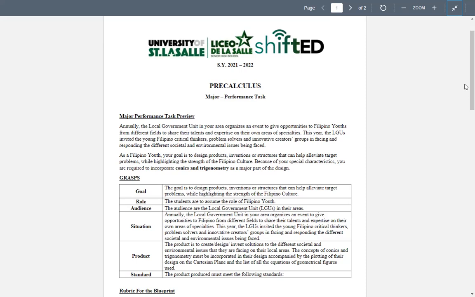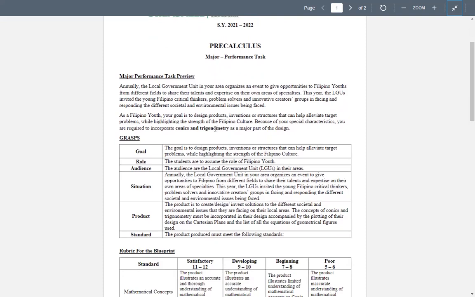So the GRASP here states your goal is to design products, inventions, or structures that can help alleviate target problems while highlighting the strength of Filipino culture.